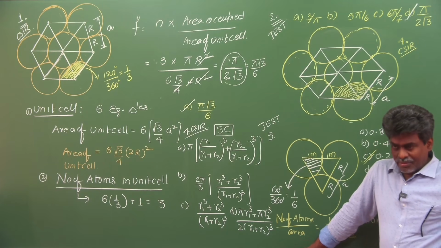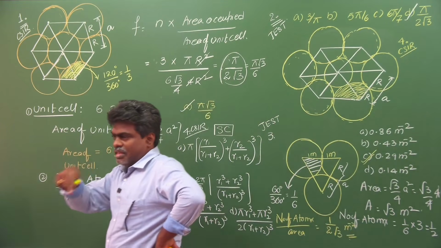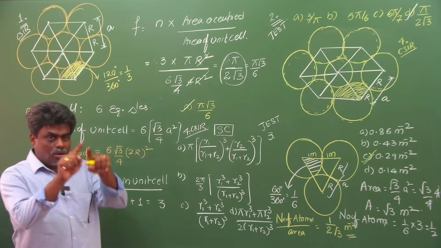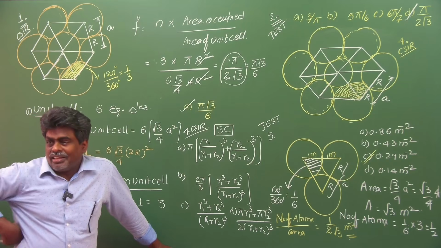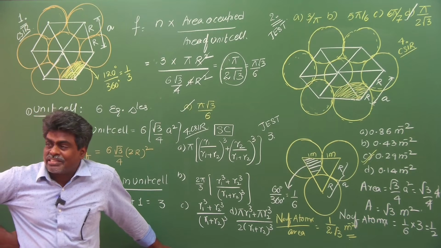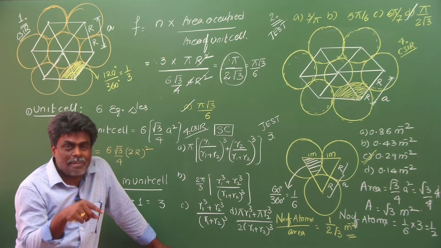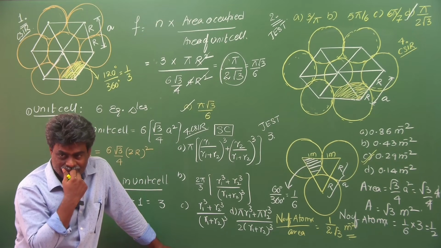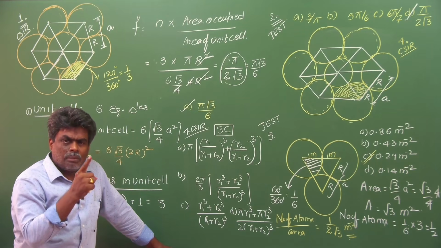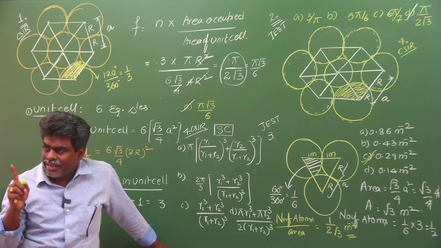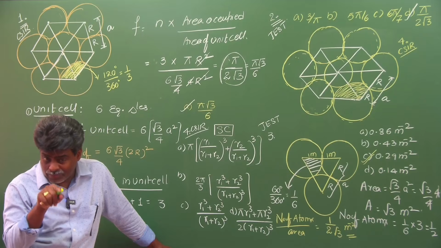Right, listen. Here the NaCl structure is given, and he is saying that they are touching spheres, and all centers of the spheres form which structure? Simple cubic. For the simple cubic structure, the packing fraction is how much? Pi by? Now he is asking which of the following is the packing fraction for that NaCl. Na radius is R1, Cl radius is R2, but for simple cubic R1 is equal to R2.